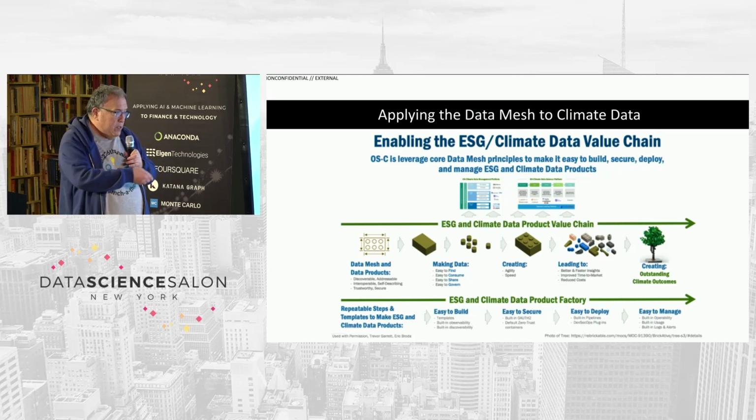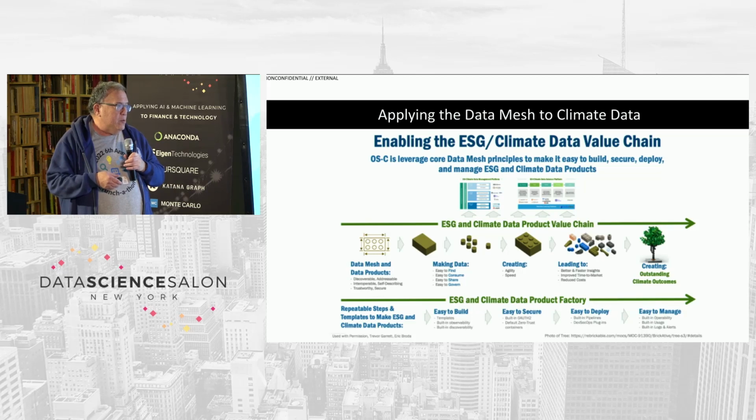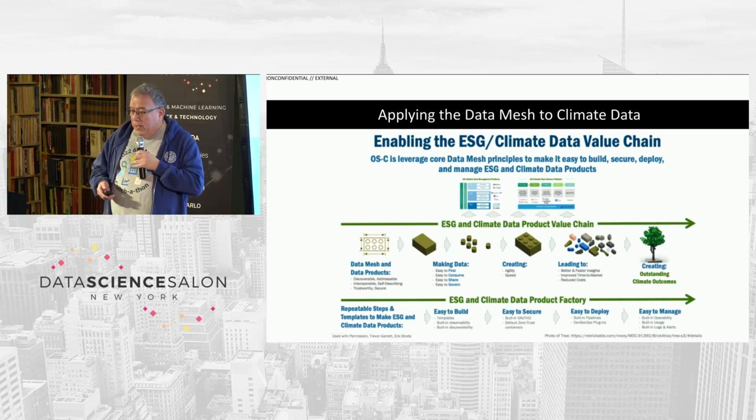As you can see from the flow, we don't have time to go through all the steps, but the key is it's open source. Different people can use it for research. They have positioned the climate data in terms of a product, and then you can fit different models and do different types of analysis with it. And we feel this is very important because we feel that climate data is going to have a major impact on the financial systems, and we want to get our hands around this.